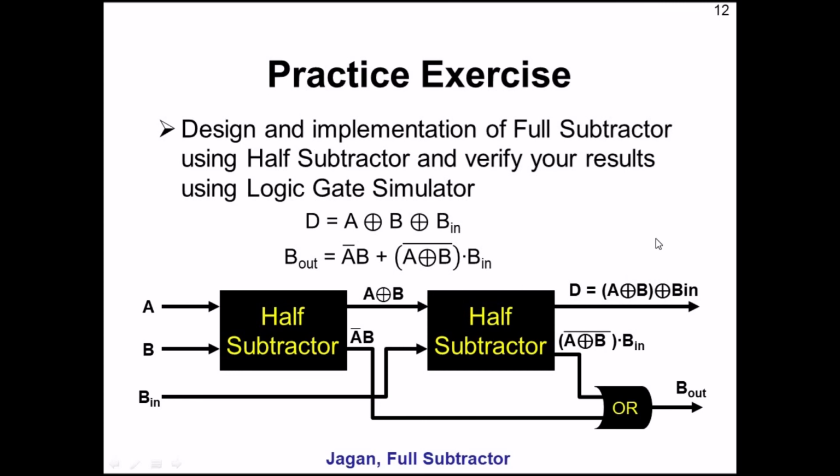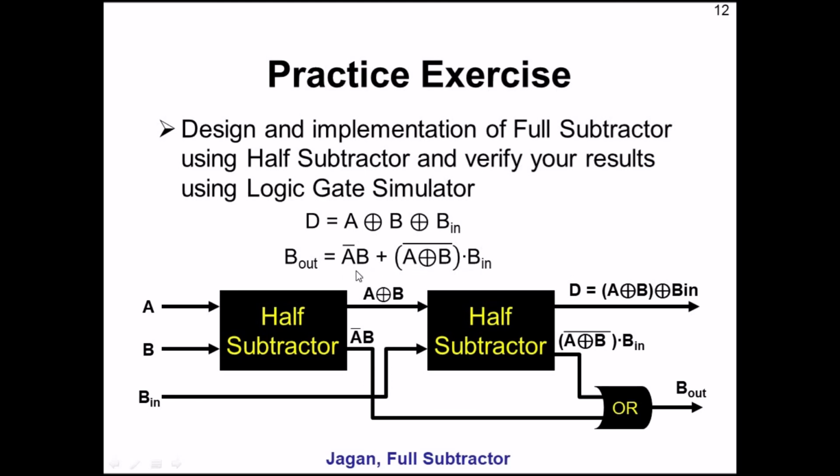I'm done. Then if you see the inputs A and B, the borrow would be A bar B. And if you see here A XOR B is one of the inputs, then B in is another input. So here I will get A XOR with B, the whole bar into B in. So the second term I got.